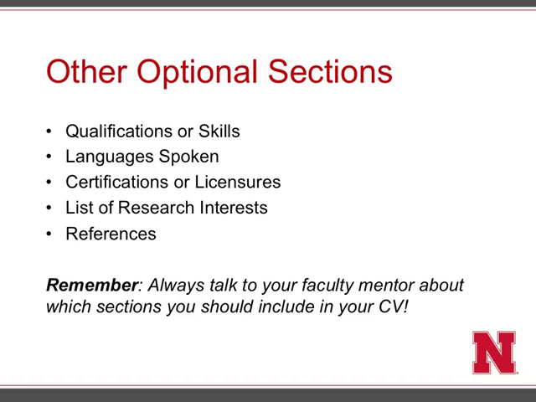Finally, a lot of fields expect you to provide the contact information for 2 or 3 references at the end of your CV. When considering which sections to include on your academic CV, remember that you should always talk to your faculty mentor about which sections are commonly included on the CVs of members of your field.